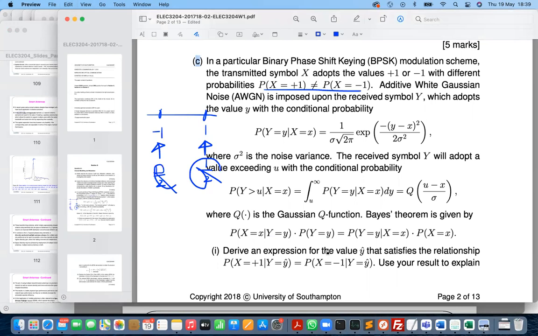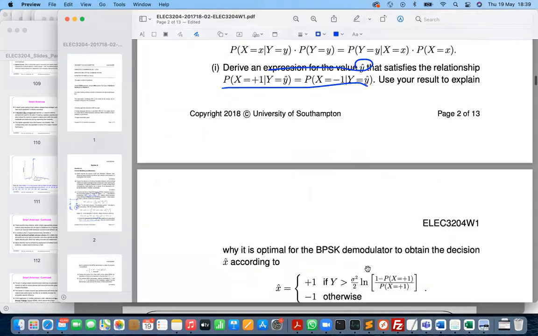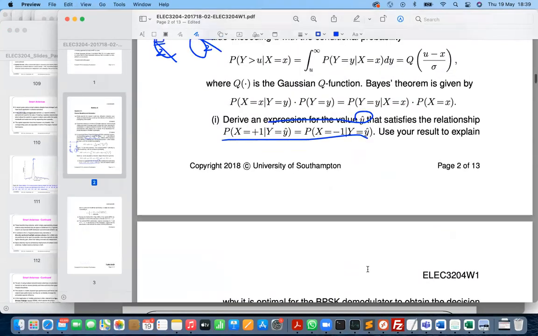So basically, the probability from transmission is here. So derive an expression for the value y that satisfies the relationship here, and use your result to explain why it's optimal.